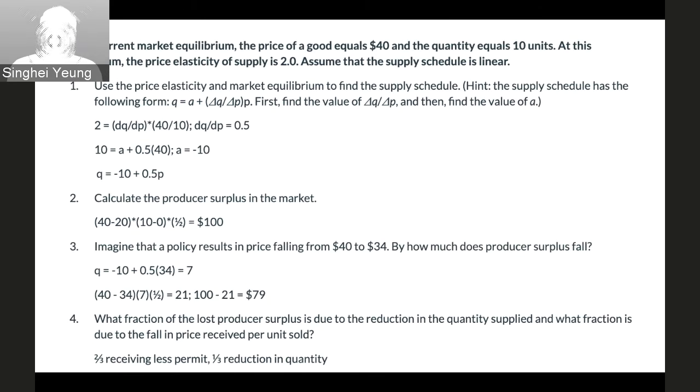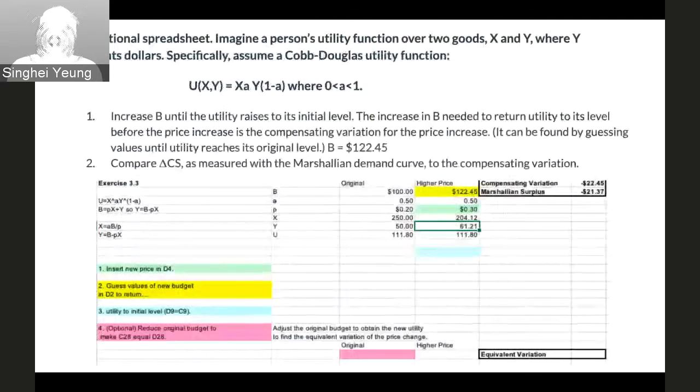All right, so for the last question, we used a spreadsheet and a person's utility function. We calculated an increase in the budget needed to keep utility the same.